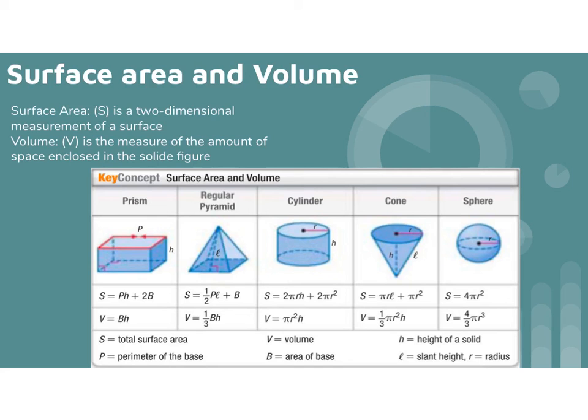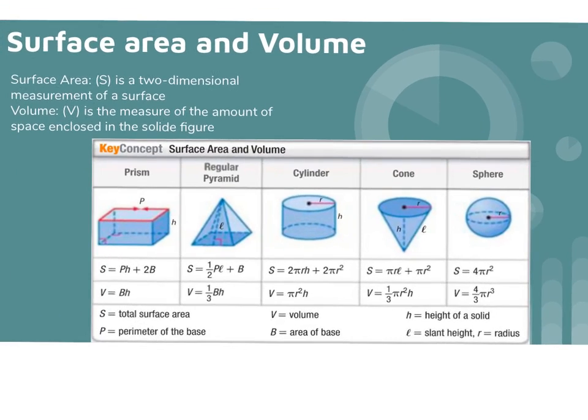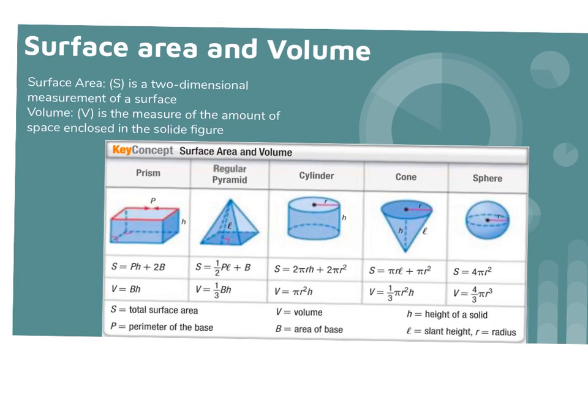And again, we're going to touch on surface area and volume briefly. I know you may have learned this previously in other classes, so I just want to spend a little bit of time on it. You will need to know how to calculate surface area, which is a 2-dimensional measure of a surface. Again, I would suggest copying these into your notes. You won't need to memorize these formulas, but you will need to be familiar with them and know how to use them. So the surface area and volume formulas, what each variable means, and where they can be found on an object.